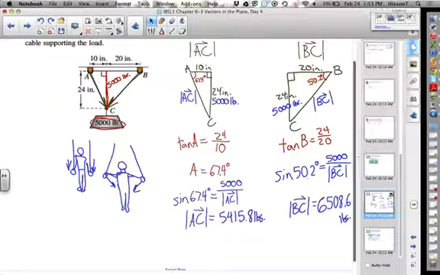If you think about it, these two cables are somewhat pulling against each other, aren't they? This one is trying to pull it that way, this one's trying to pull it to the right. They're pulling against each other. That's where the extra weight comes from.